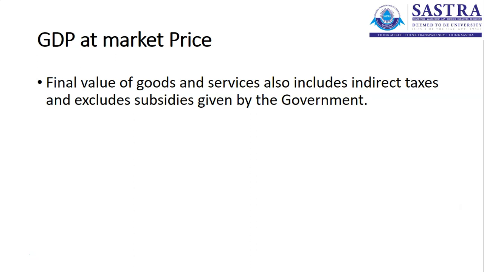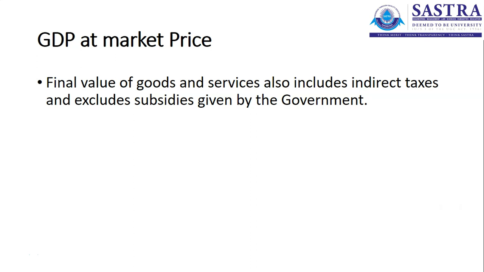So GDP is calculated at the market price, the current price, the prevailing price. While calculating the prevailing price, we need to include the indirect taxes associated with it. We are not calculating one particular product, but the aggregate of products.